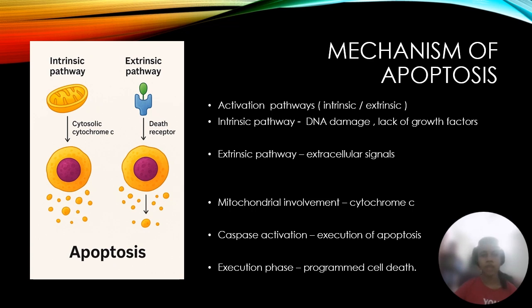So you have these BCL2 family proteins, a range of family proteins. Now they will go and activate proteins like BAX and BAK, that are pro-apoptotic. BCL2 we'll discuss later.